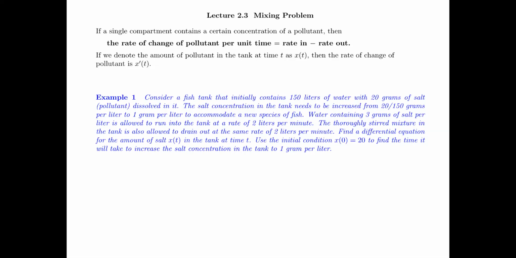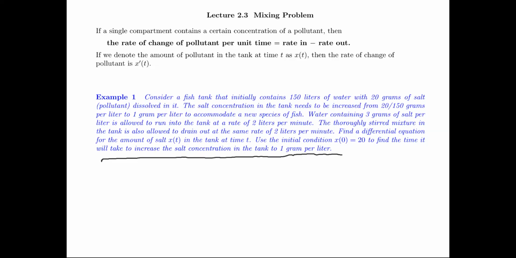So the question wants us to find the time it will take to increase the salt concentration in the tank to 1 gram per liter. So we need to come up with some differential equation. Well, we use this formula up here.